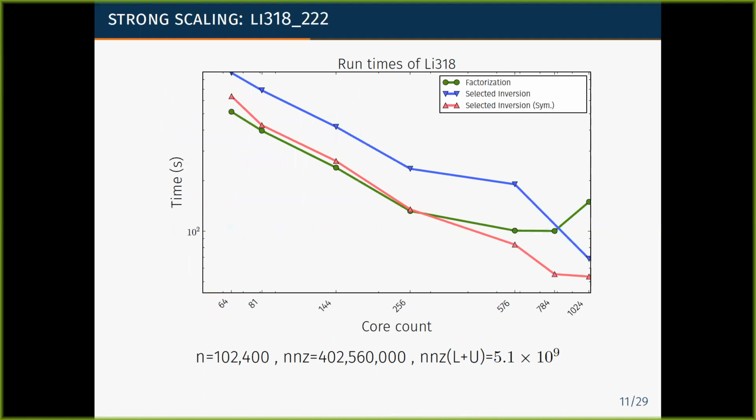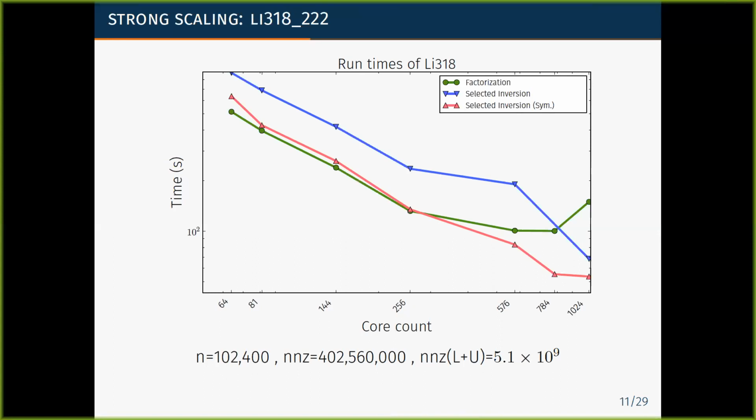I have this example where I'm comparing the current implementation of the selected inversion, which uses unsymmetric storage, to the upcoming implementation using symmetric storage on a 3D lithium case.